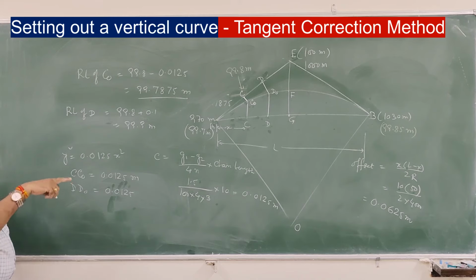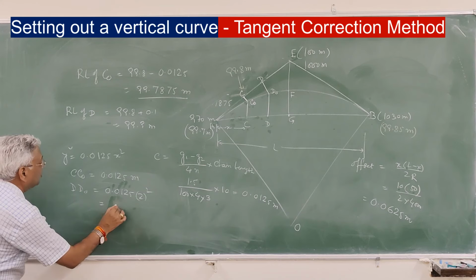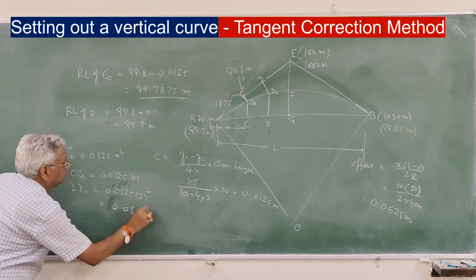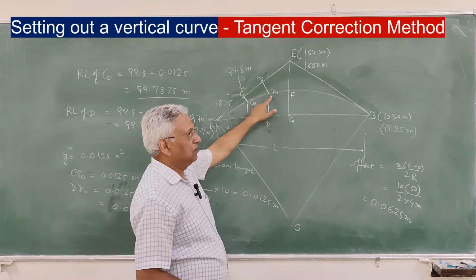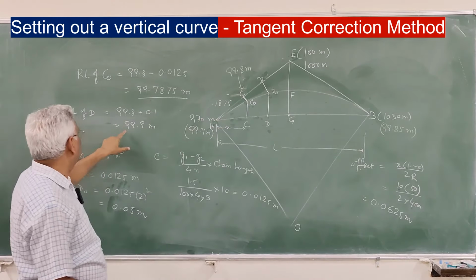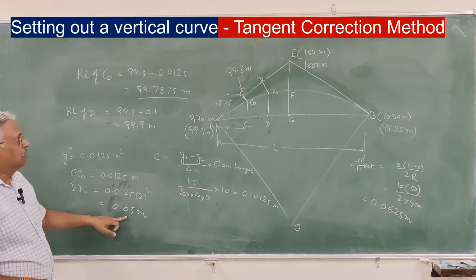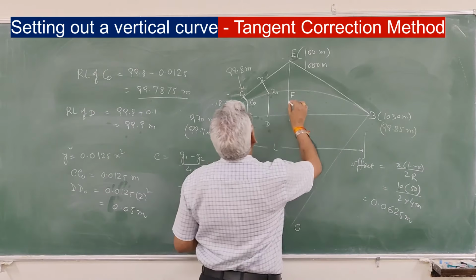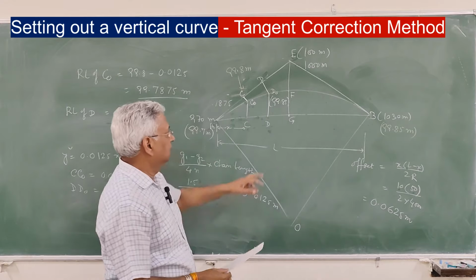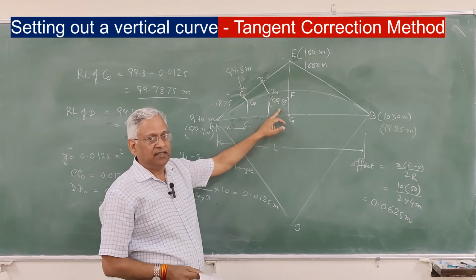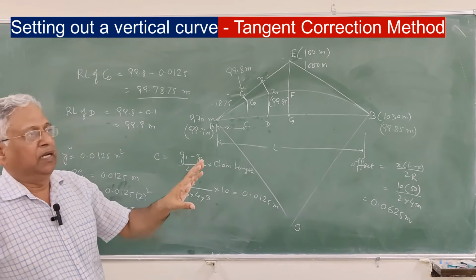Now x is 2 chain lengths, so 2 square, and this is 0.05 meter. So RL of D0, which is on the curve, will be RL of D 99.9 minus 0.05, that is 99.85 meter. Again, you can compare this RL is same as what you got from the chord deflection method.